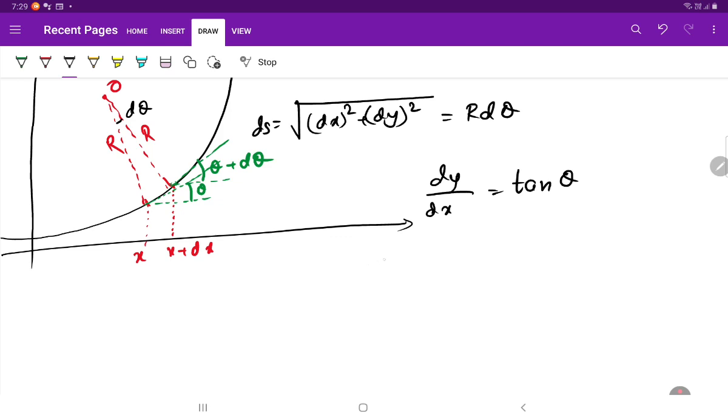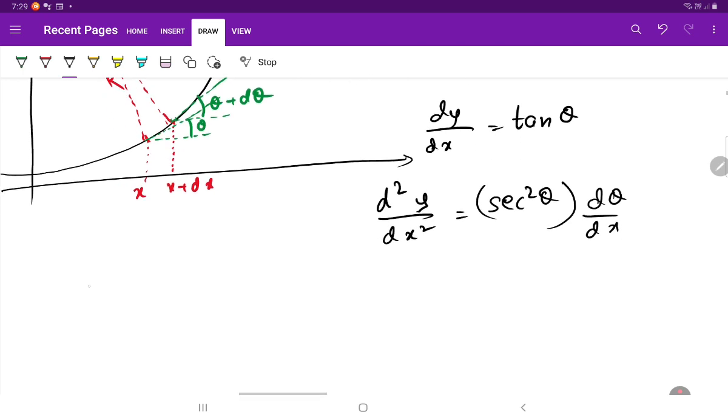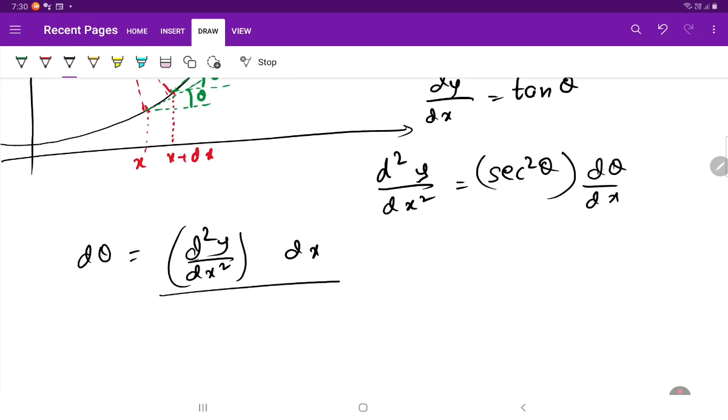Now differentiating it with respect to x, you will get d2y by dx2 equals sec square theta d theta by dx. So I can say d theta is equal to d2y by dx2 into dx, and sec square theta can be written as 1 plus tan square theta. So I can write it as dy by dx whole square plus 1.